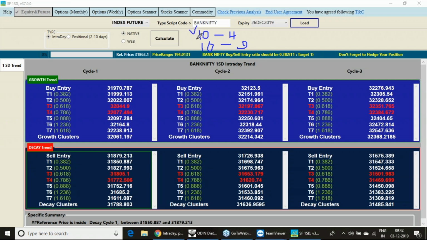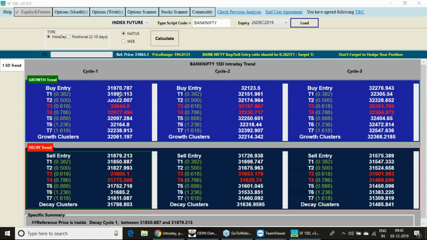If I see the performance of the trend traders who are hedging, they are performing better. Their returns are far better than the non-hedged traders. That is very important.